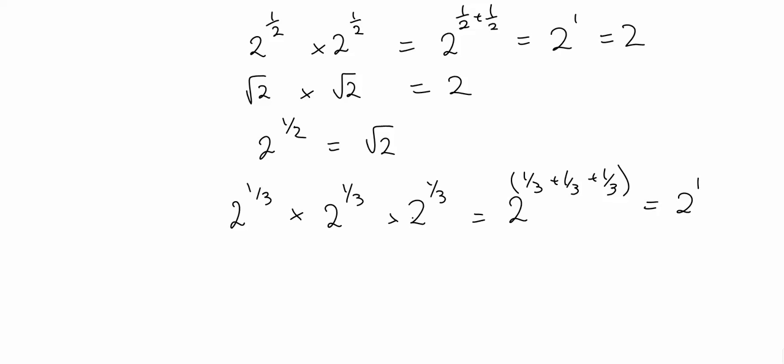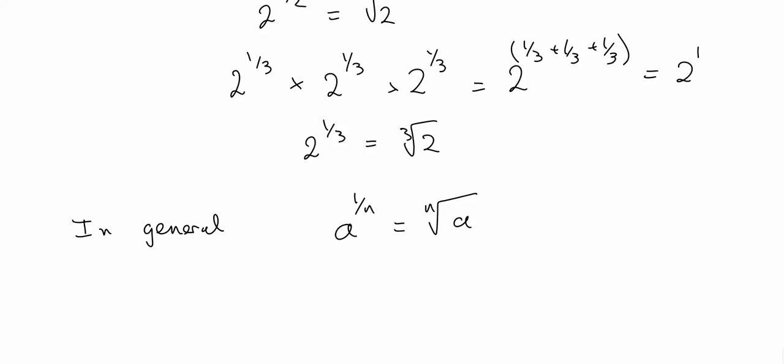So 2 to the power of a third is the number that you multiply by itself 3 times to get 2, or 2 to the power of a third would be the cube root of 2. In general then, a to the power of 1 over n is equal to the nth root of a.